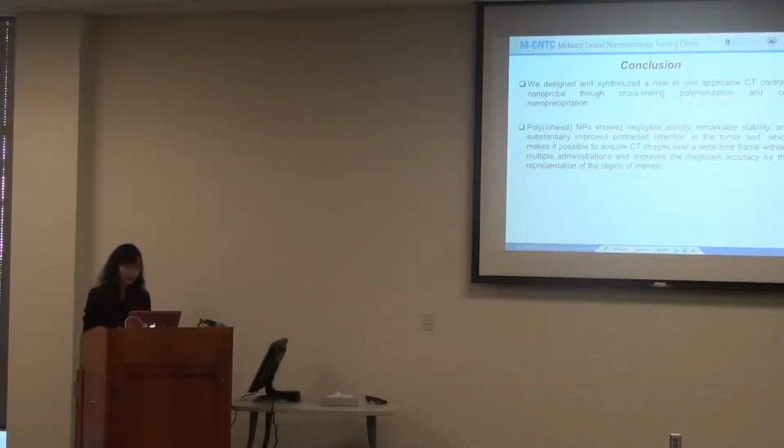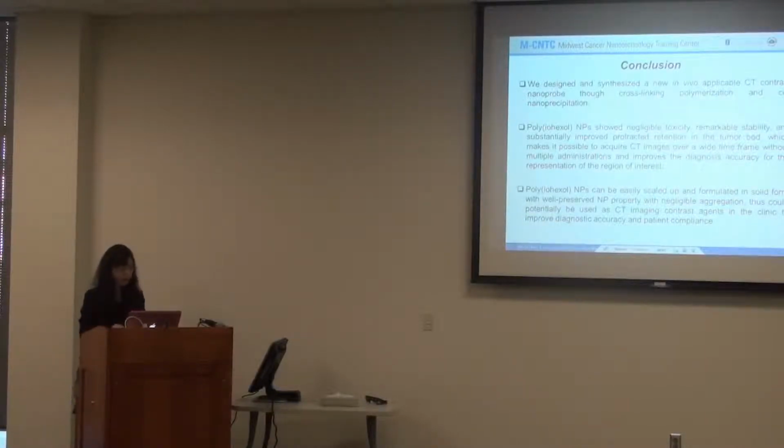Especially, it could be possible to elongate the time window for more accurate diagnosis of patients. Also, because the whole strategy is so simple, it can be easily scaled up and formulated into solid form with well-preserved properties, without any aggregation observed in the whole process. In this case, it could be used as a CT contrast agent in the clinic to improve diagnostic accuracy and patient compliance.